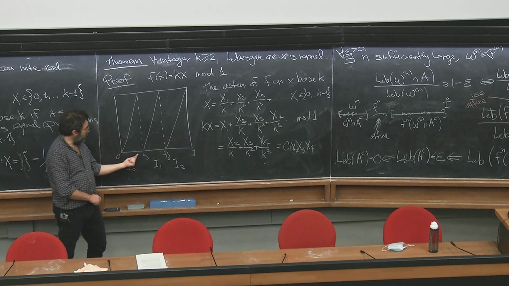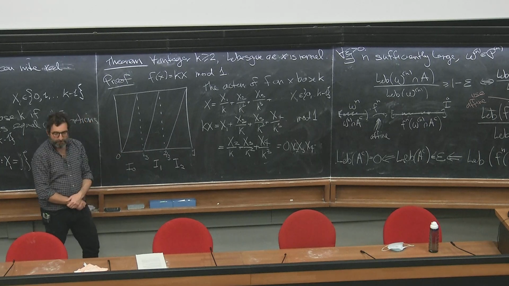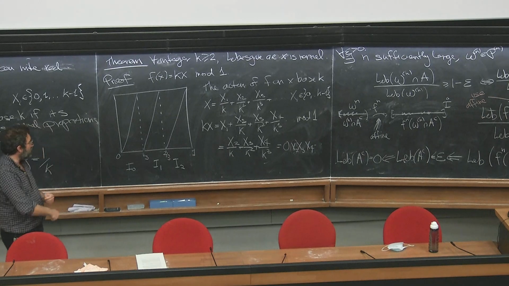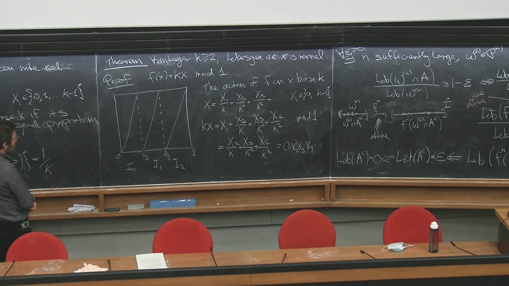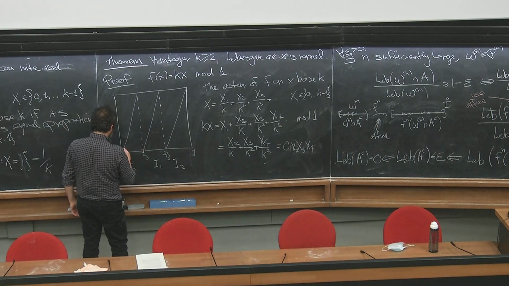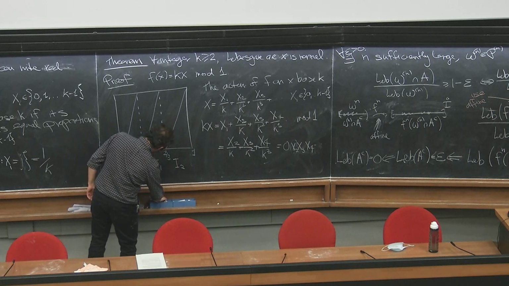And what is the proportion of times that the orbit will visit this interval? If you look at the dynamics of a point, how often will it fall in here?